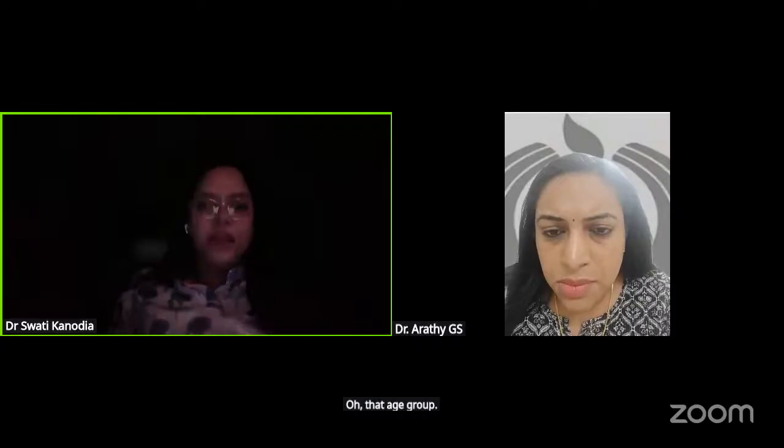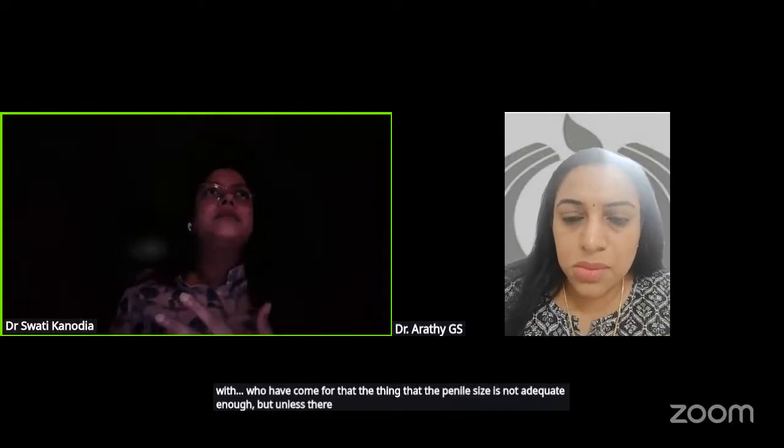So that can vary basically. Usually we see people who come because they think that the penile size is not adequate. But unless there is some infection or something, usually we do not see isolated increase in penile size.